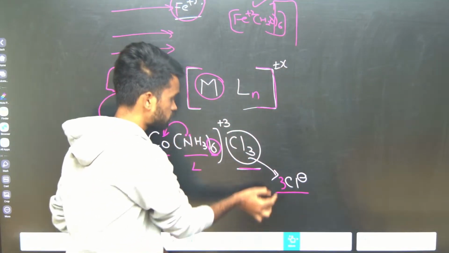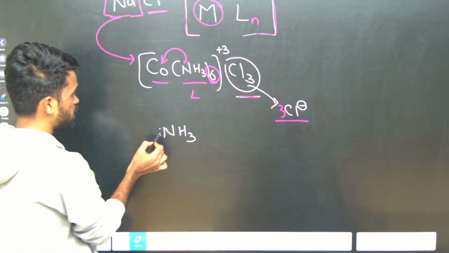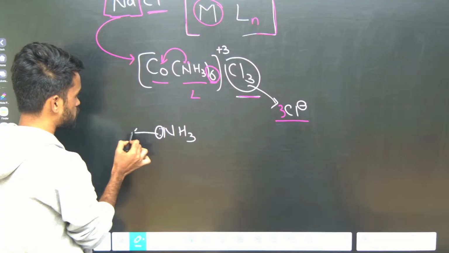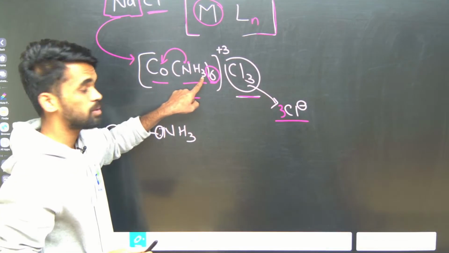Okay, right. And you know ammonia is a neutral ligand, it does not have any charge; it simply donates its lone pair of electrons to our cobalt. So with 6 ligands, the charge of each ligand is 0. Now what is the oxidation state of cobalt here?